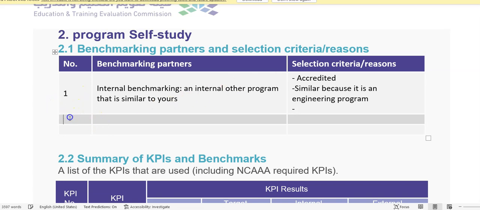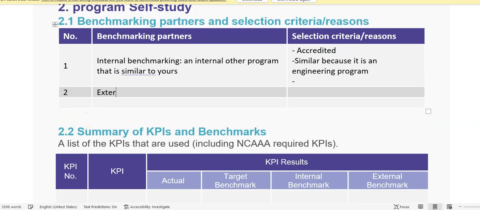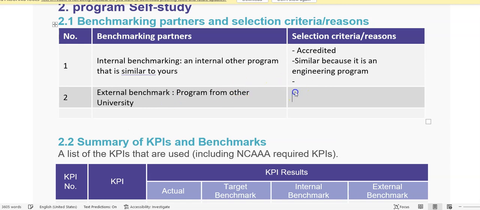Also, you have an external benchmark, which is a program from another university. You have also to write the reason.